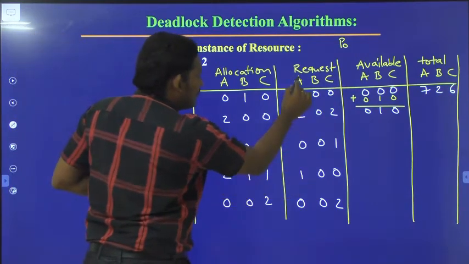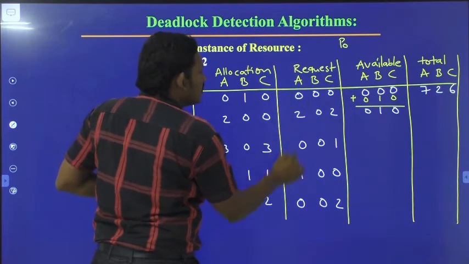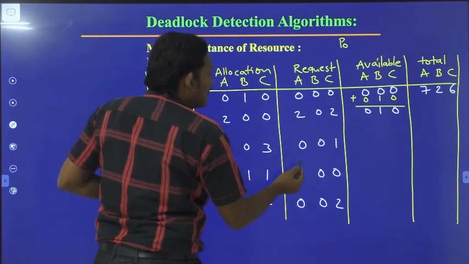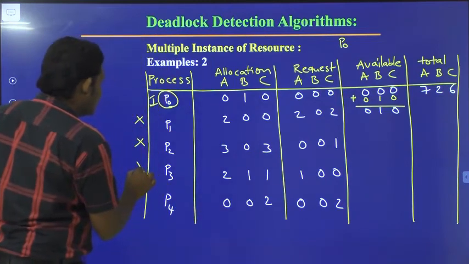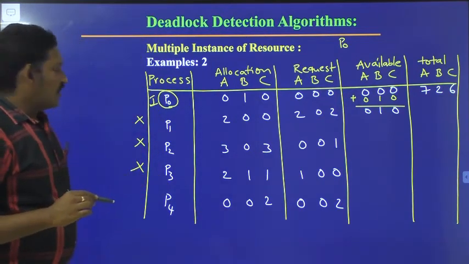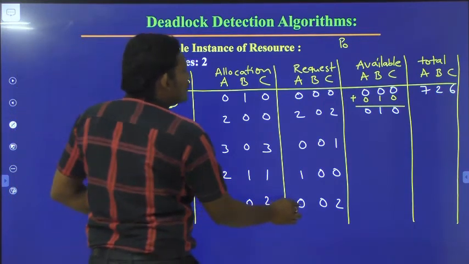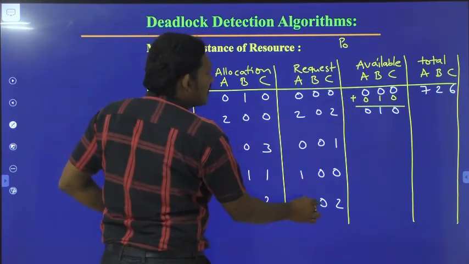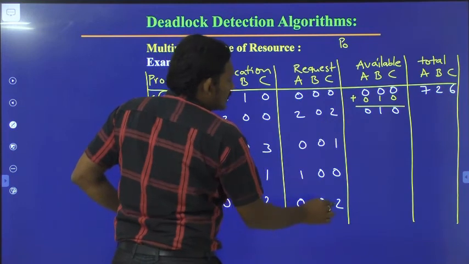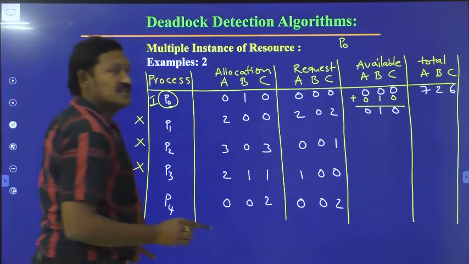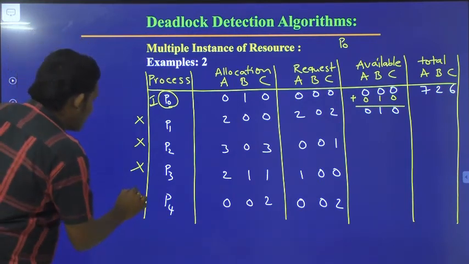It requires 1 instance of resource A, but we have 0 instances. So P3 is also not possible. Then what about P4? It requires 0 instances of resource A, 0 of resource B, but 2 instances of resource C, and we have only 0. So this is also not possible.